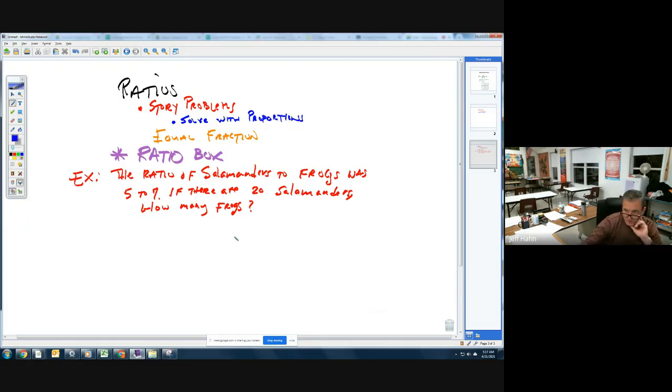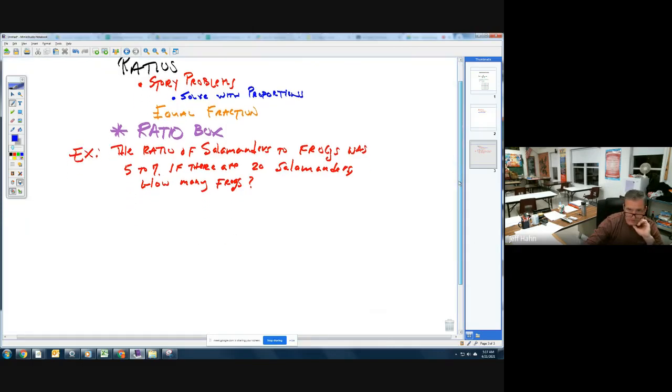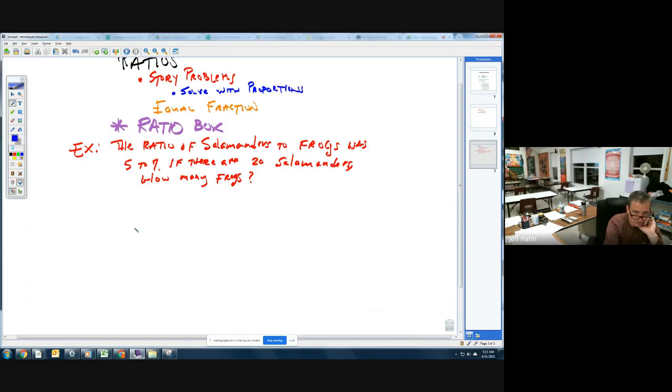You make a box, and it's going to be cut into 4 pieces. This column right here is your ratio column, and on the rows are the things that you are comparing.